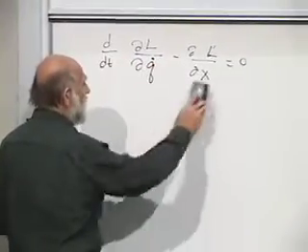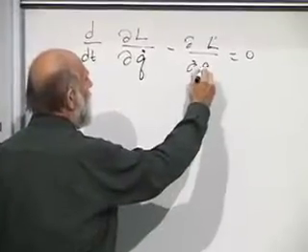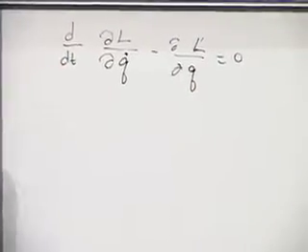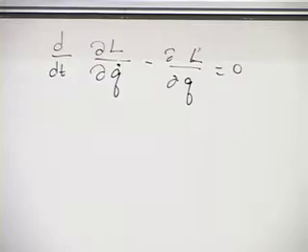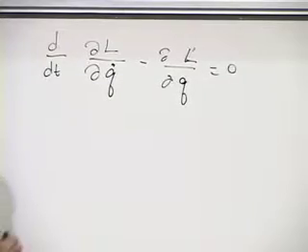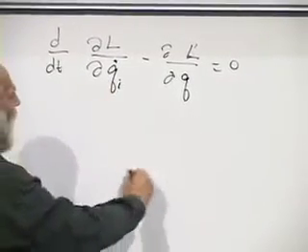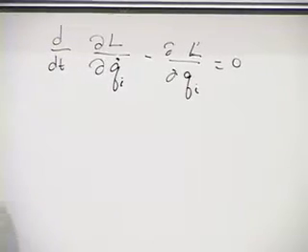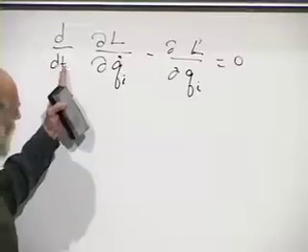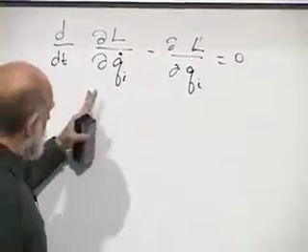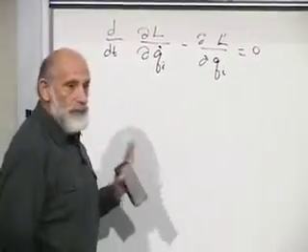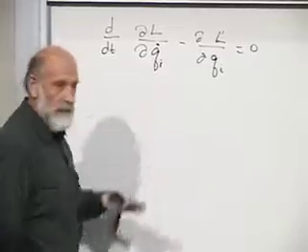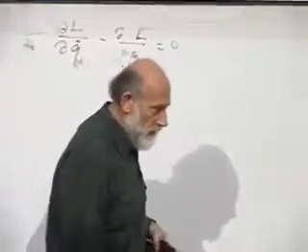It's just a renaming. But if there are many coordinates, or more than one, then we'll want to put an i there. And so for each coordinate, x, y, z, different particles, there will be an Euler-Lagrange equation, which is essentially of the form of Newton's equations for each component of the configuration space.